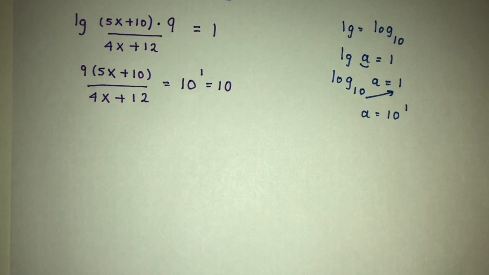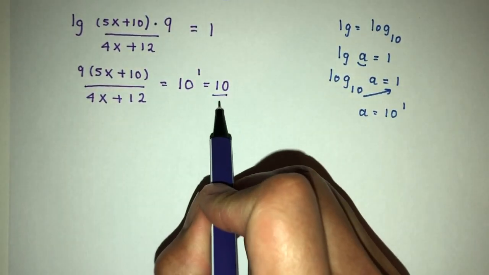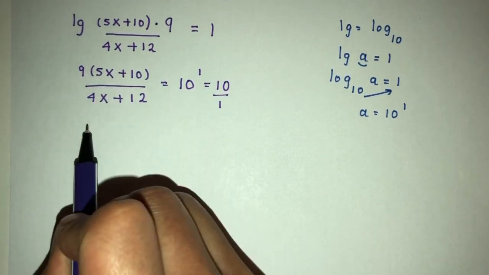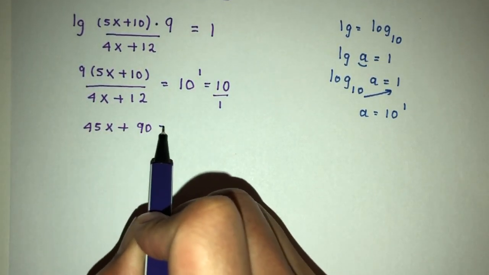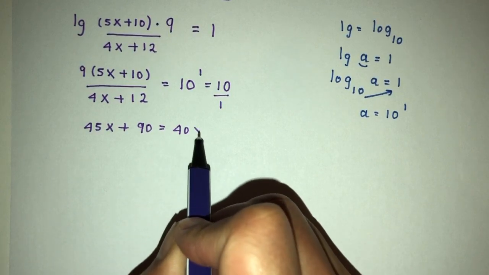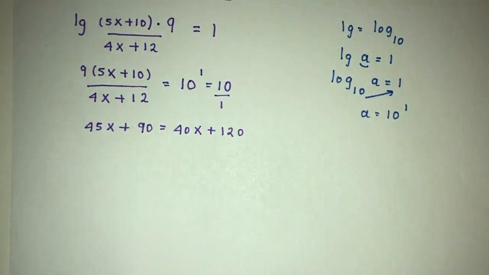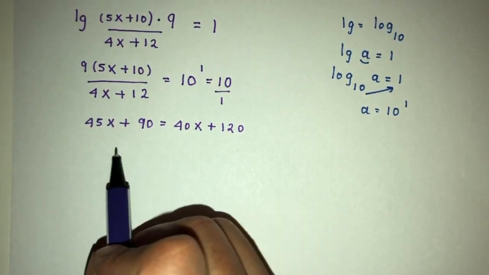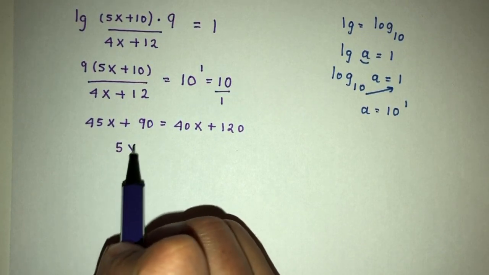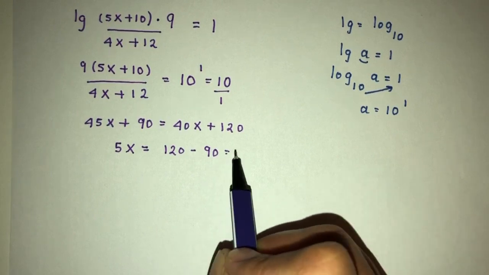Okay, now we can try to cross multiply if you want to. Let's cross multiply and expand this. You will have 45x plus 90 is equal to 40x plus 120, this multiplied by 10, right? Now let's send all the x to one side. You will have 45x minus 40x, that should be 5x, and 120 minus 90, that should be 30.